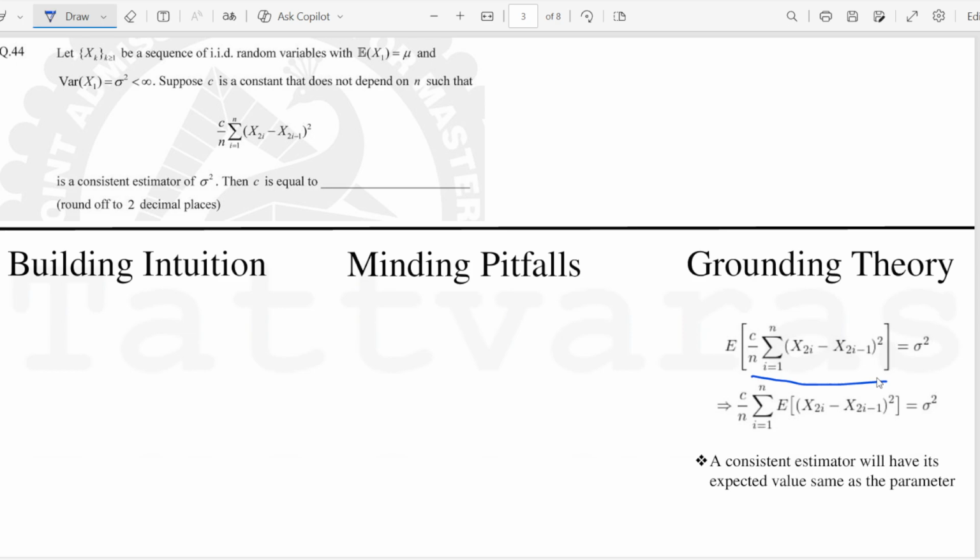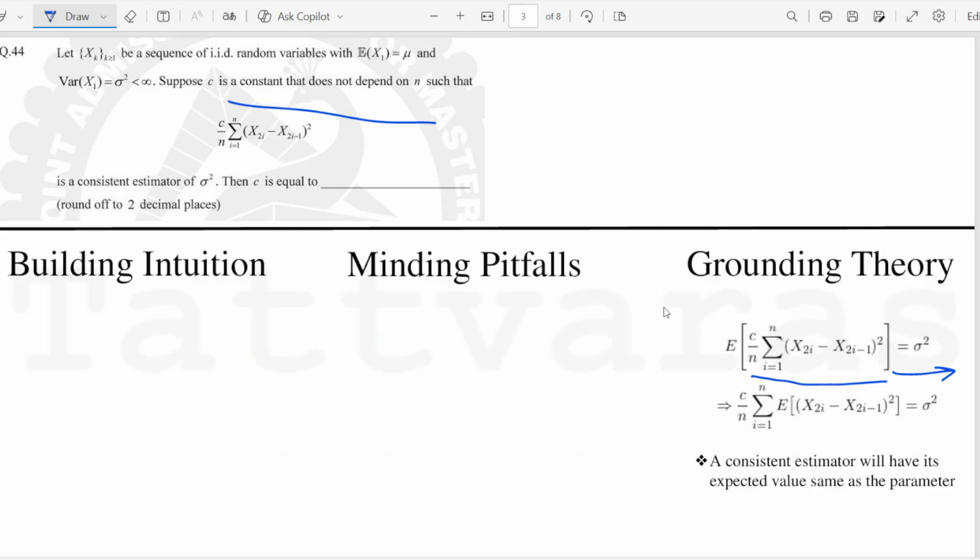In this case, ideally it should have been written that the expectation is going to the parameter as the limit is going to infinity. But that's fine because C is a constant that does not depend on n. That is given in the question.